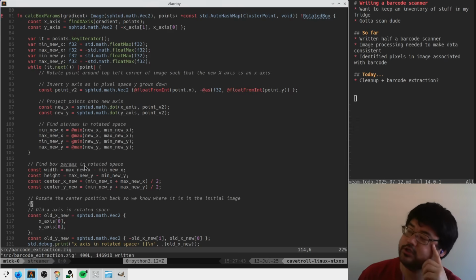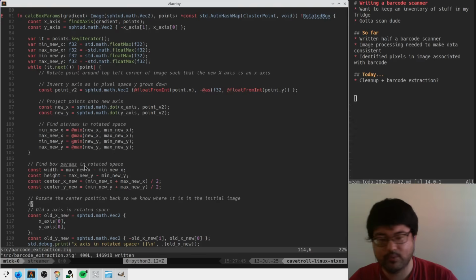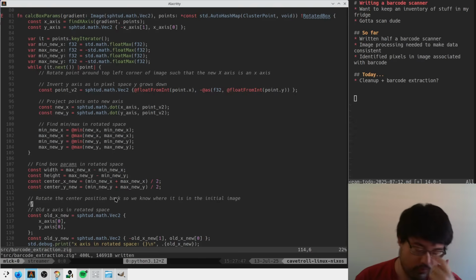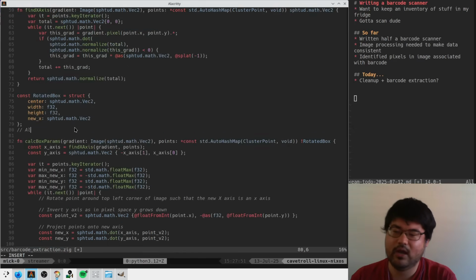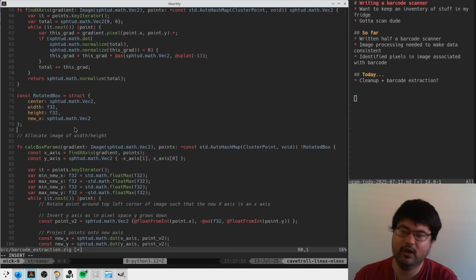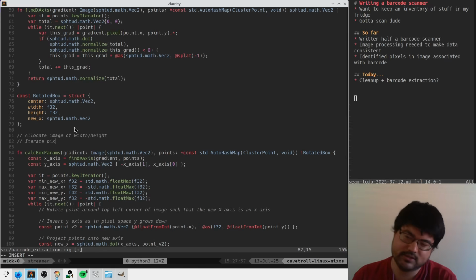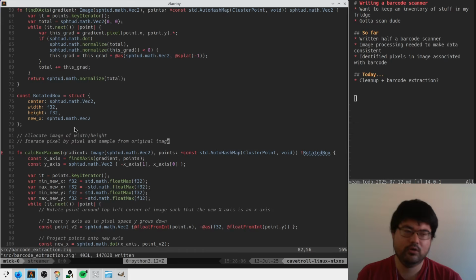How are we going to use these when we try to extract the image back? That's the question. We're going to allocate an image of width height, and iterate pixel by pixel in the source and sample from the original image. That's what we're going to be doing.